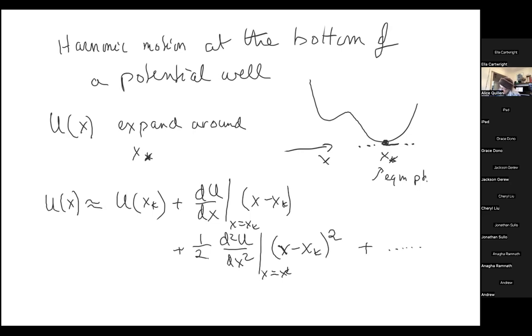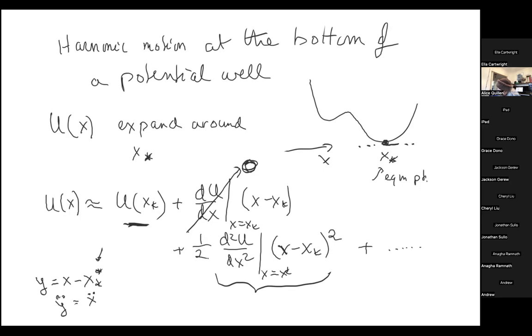So this is 0 here, by definition, because x star is an equilibrium point. And this is a constant, and this is a constant. So let's make a new variable, y equal to x minus x star. Then y double dot is the same thing as x double dot.